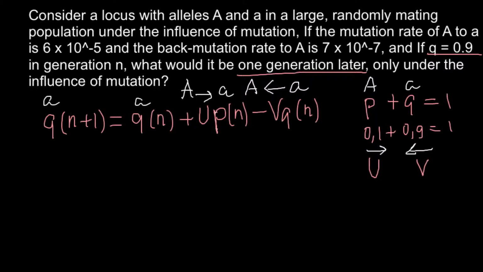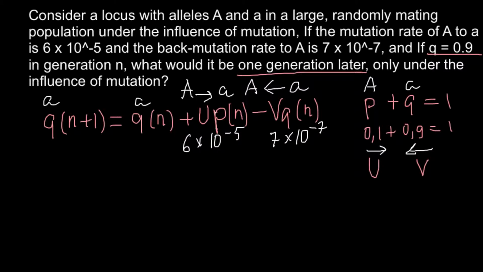As you see, now we can use our numbers for this problem. Here the forward mutation rate is 6 multiplied by 10 raised to minus 5, and the backward mutation rate is 7 multiplied by 10 raised to minus 7.